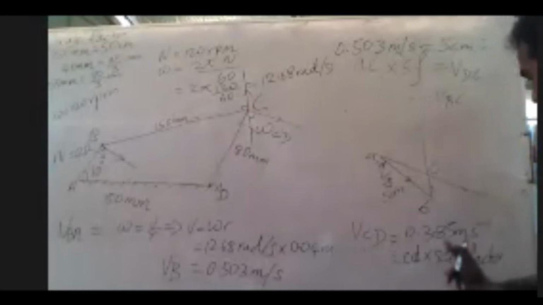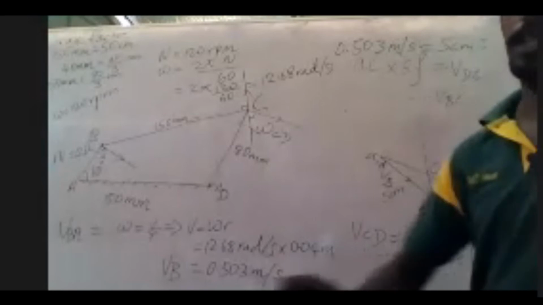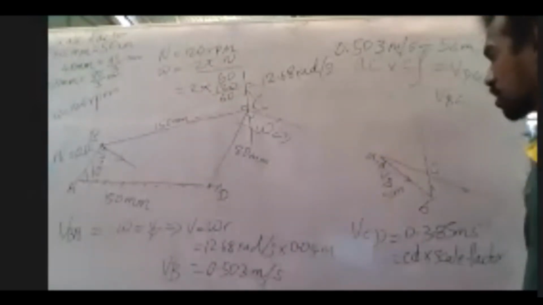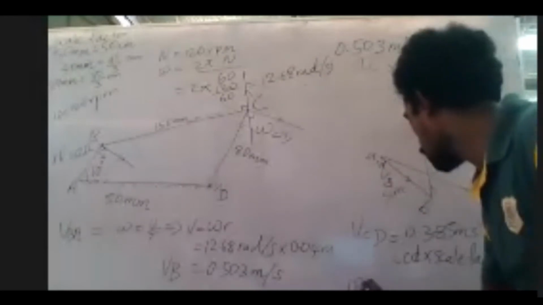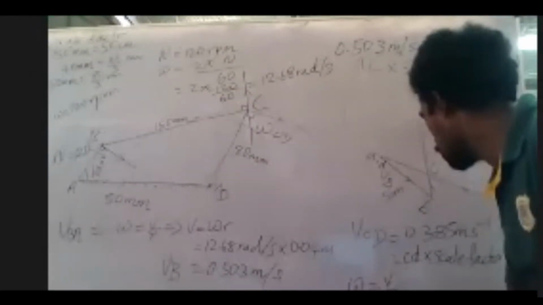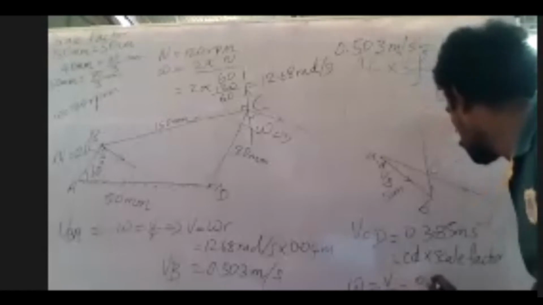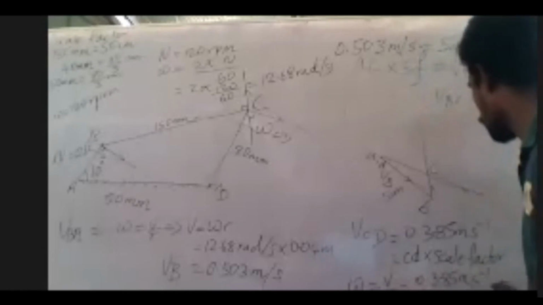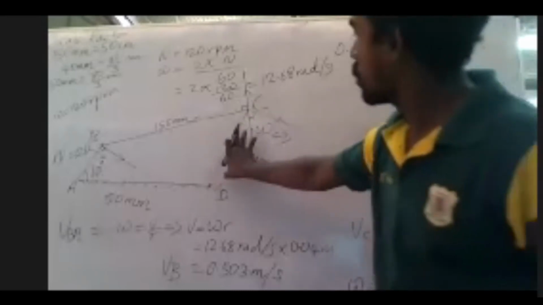From this 0.385 meter per second, I need to find the angular velocity. That's the question. So angular velocity omega is equal to V upon R. V is equal to 0.385 meter per second upon R, CD. This is CD.